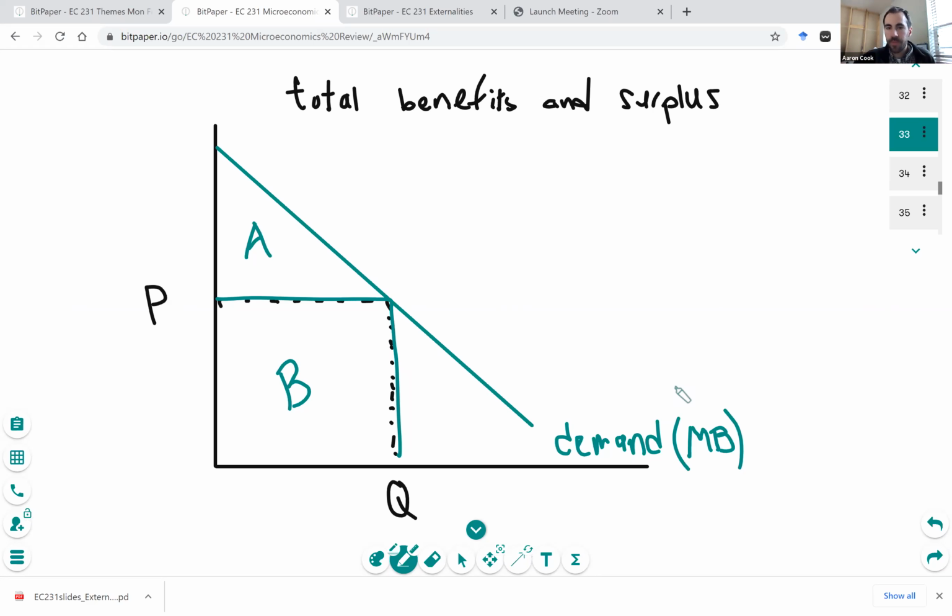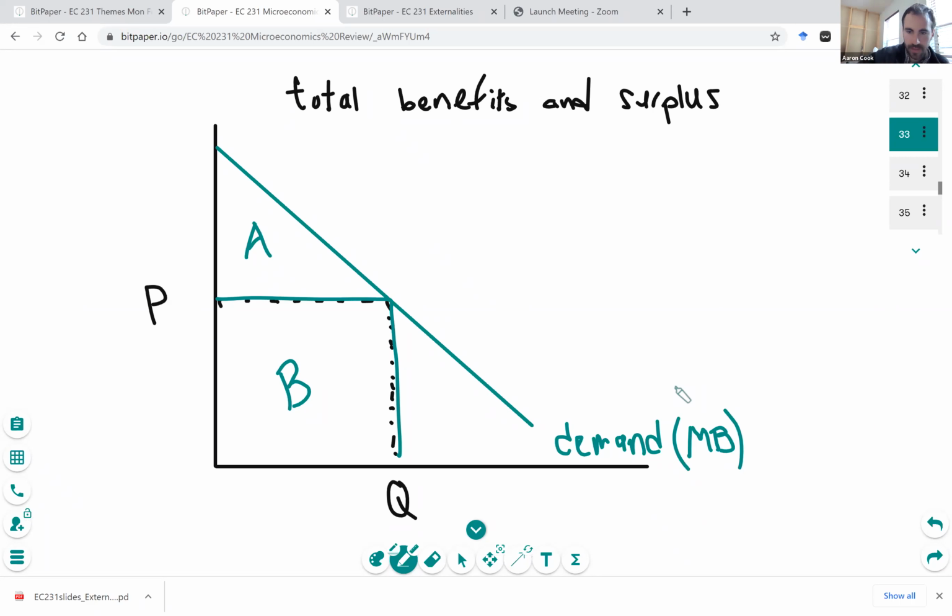Let's think about this from the perspective of a consumer. So consumers have a demand curve, they have a marginal benefit curve. There's a price. At that price, they want to consume a certain quantity. We're going to call that quantity Q. We can figure out the total benefits to consumers by actually just calculating the area below the demand curve.